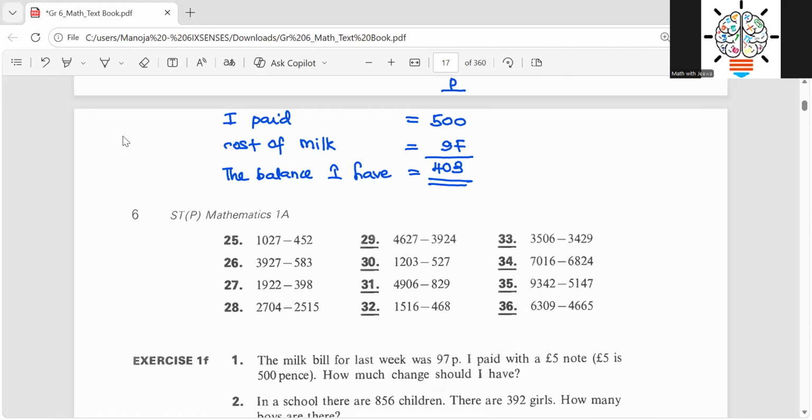You write the statements. Then you write the equals mark in one line and you do the calculation. And the balance I have now is 403 pence. When you give £5, you have 403 pence as the balance because the milk bill for last week was 97 pence, right?